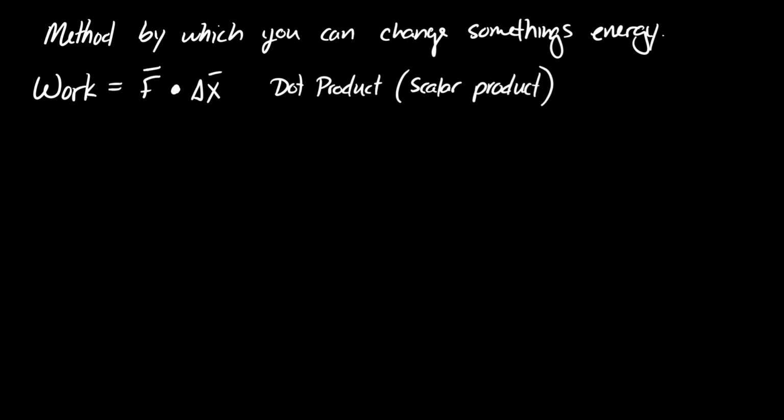In your notes, I want you to get down that this takes two vectors and produces a scalar. It specifically tells us how much of the force is in the direction of motion.